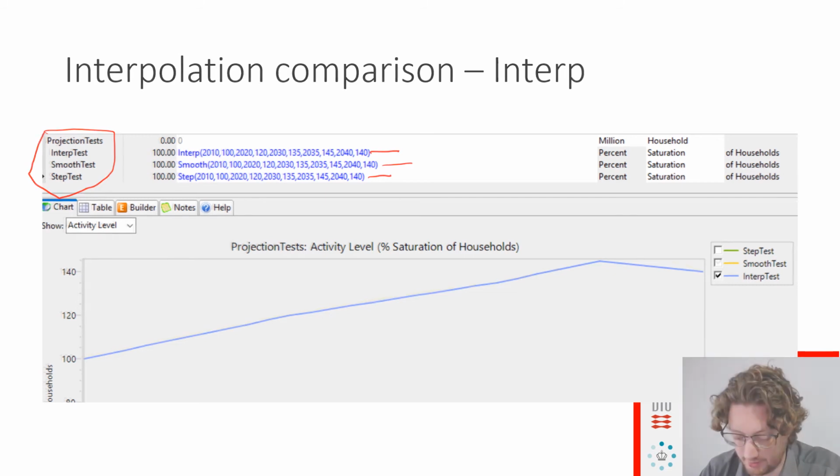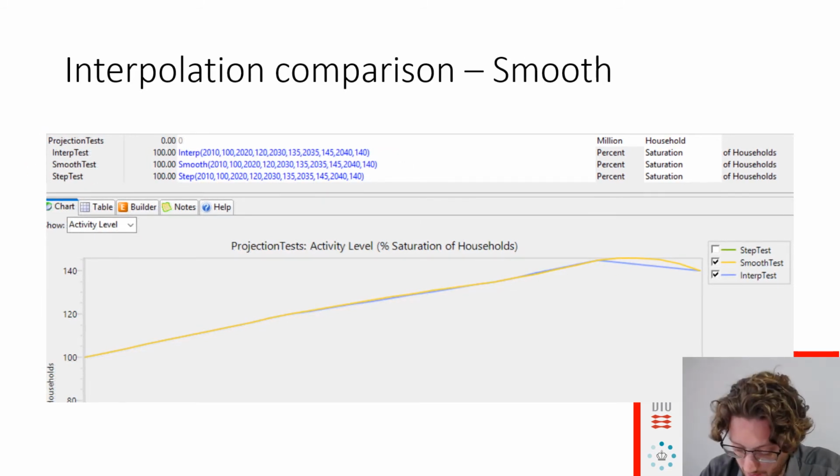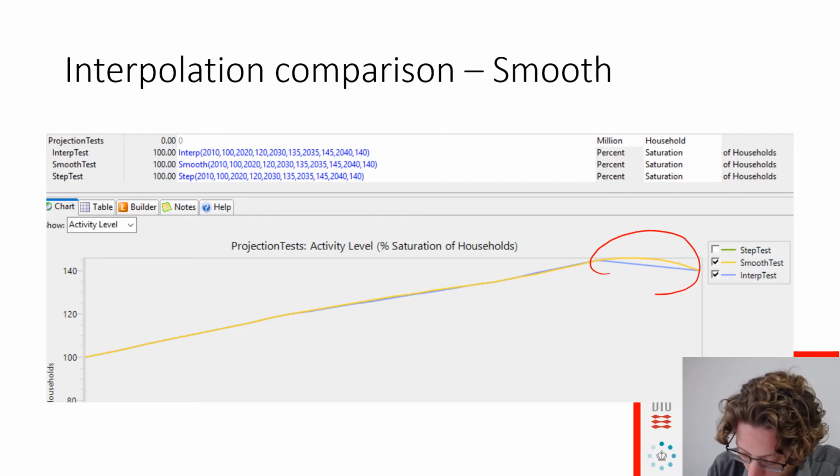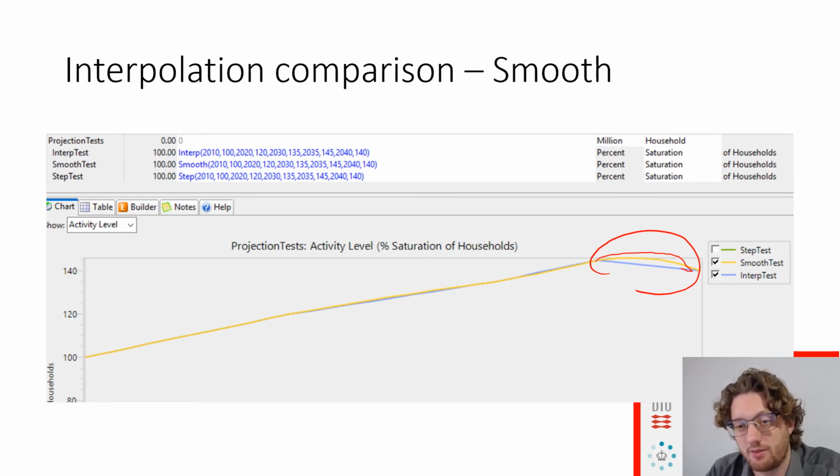When we then have this, you can see we actually get a little bit of a different result here, because most of the way we make very little changes, so it's more or less the same. But if you look up here, you can see it actually increases over what we had before, so we have a larger maximum. That means you actually have to watch out for smooth a little bit. It looks nicer.